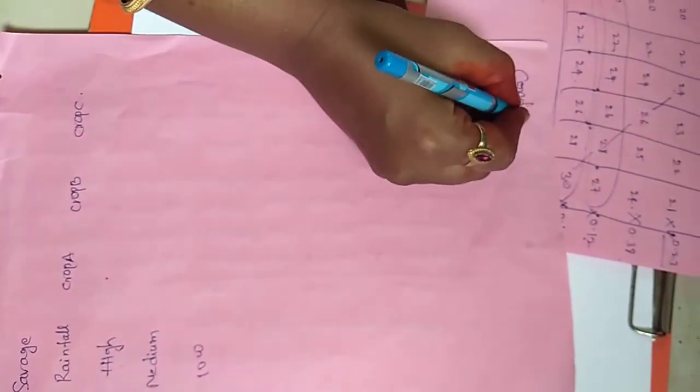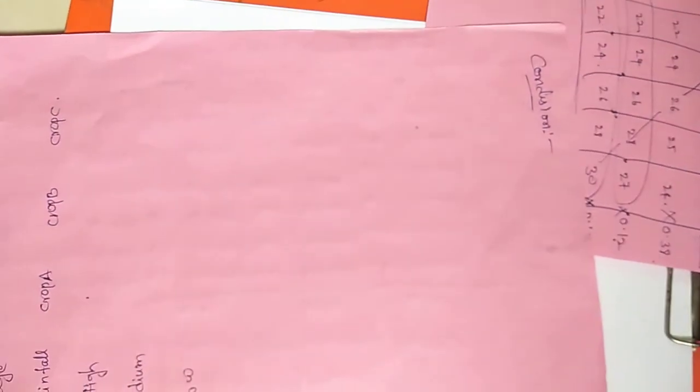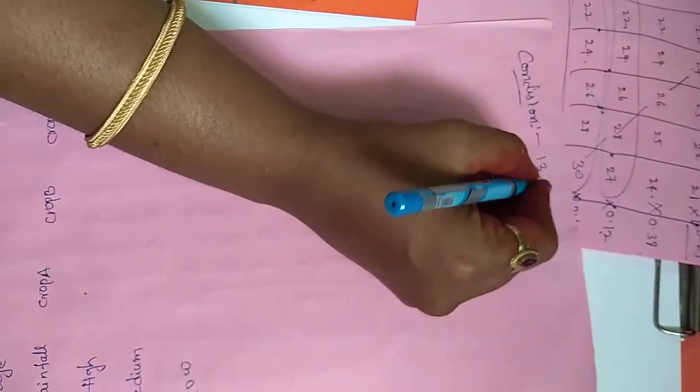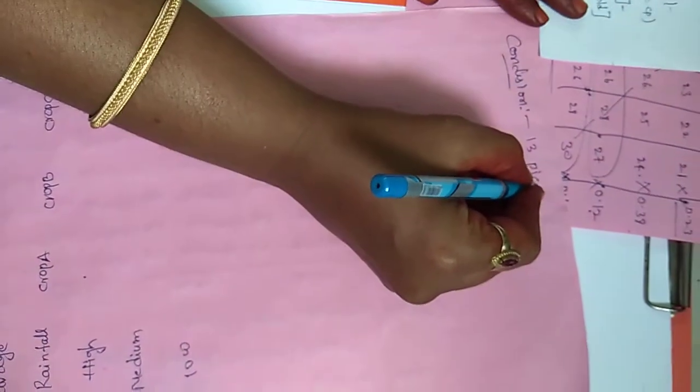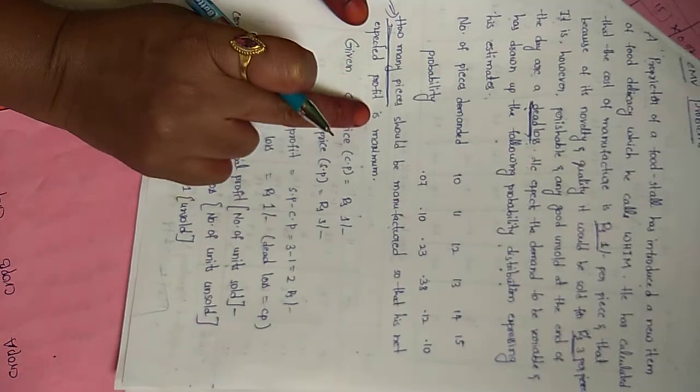It means our conclusion is 13 pieces. Just to see how many pieces should be manufactured so that the net expected profit is maximum.